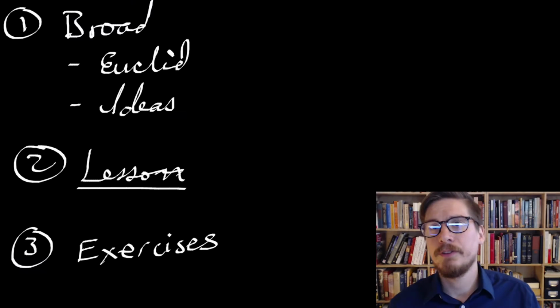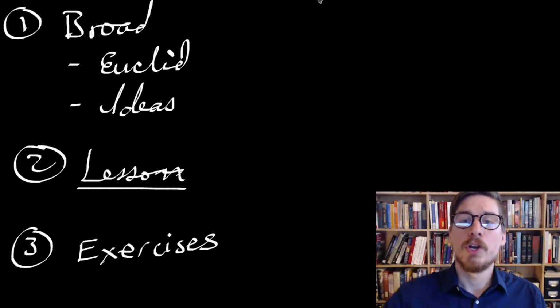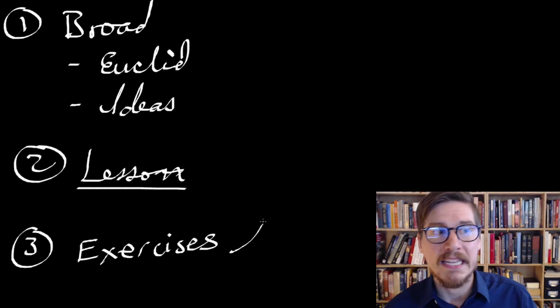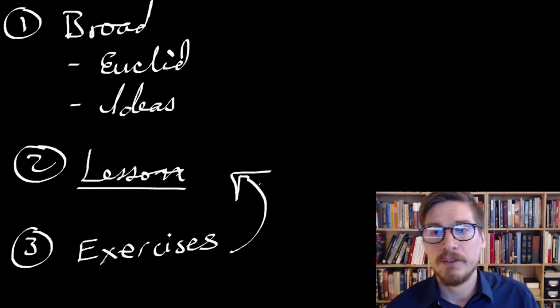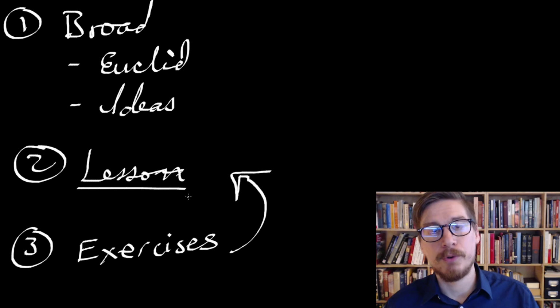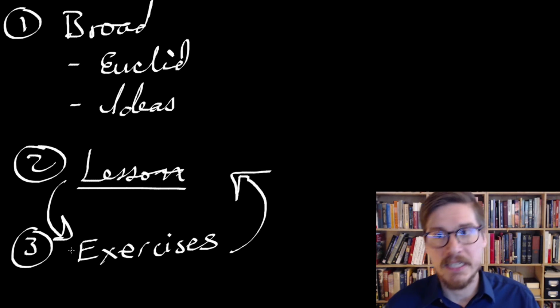And also, practically speaking, the way that I would do this is I would have students do the reading before coming to class, and do the exercises also before coming to class. That way, in class, the exercises can inform the lesson. So you can have a more fruitful discussion because the students have already thought through the exercises before coming to class. So they'll have something to say, right?